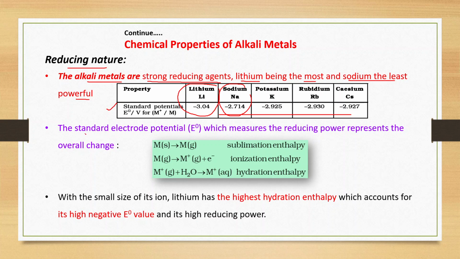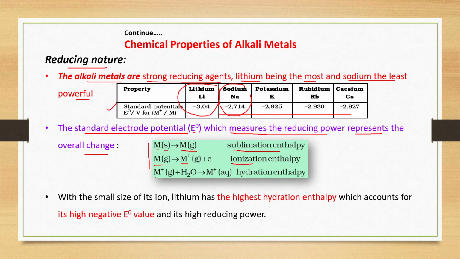The standard electrode potential, represented as E naught, measures the reducing power and represents the overall change. Metal in solid state converted into metal in gaseous state: sublimation enthalpy. Metal in gaseous state converted into metal ion in gaseous state: ionization enthalpy.